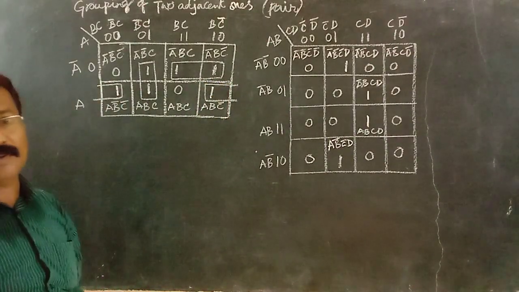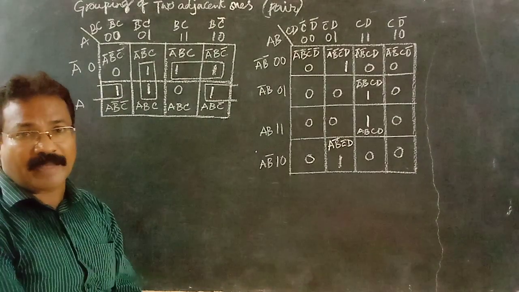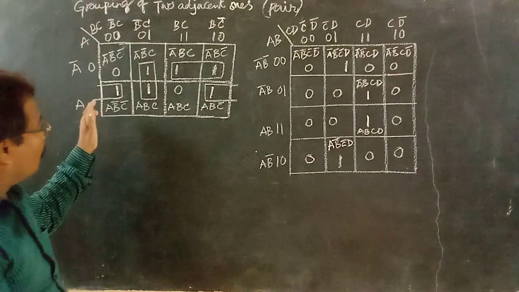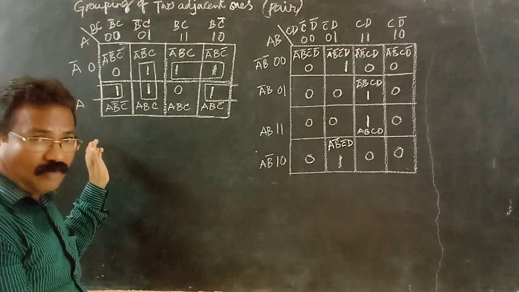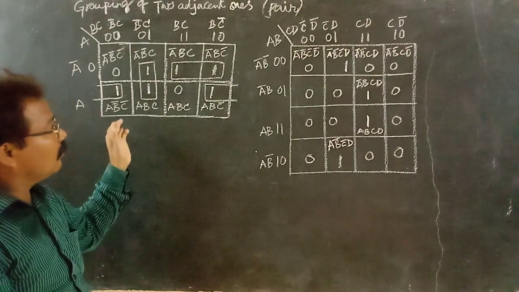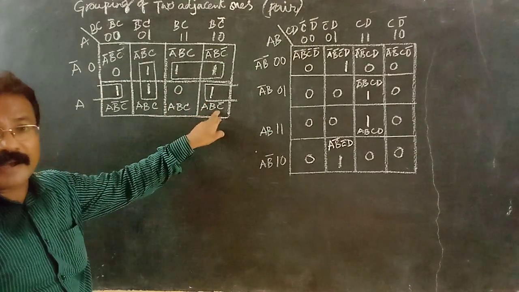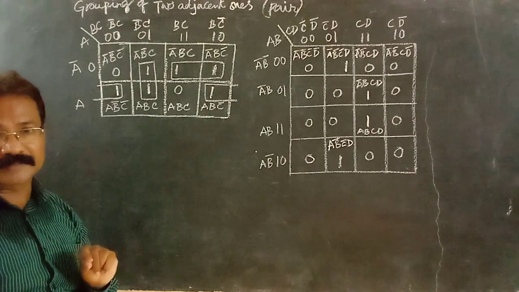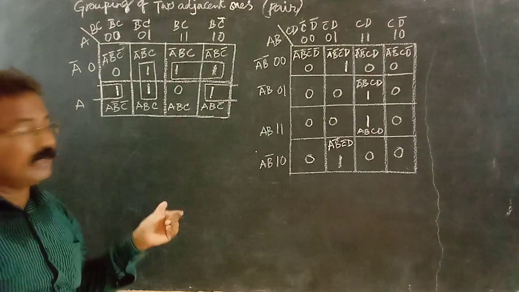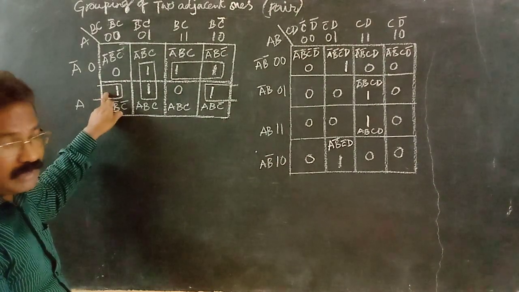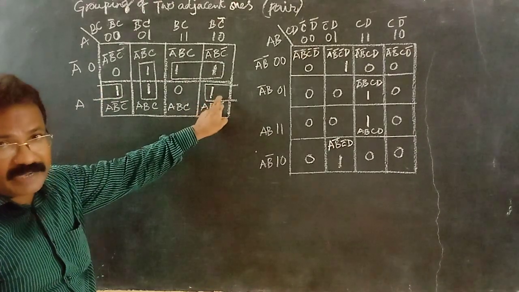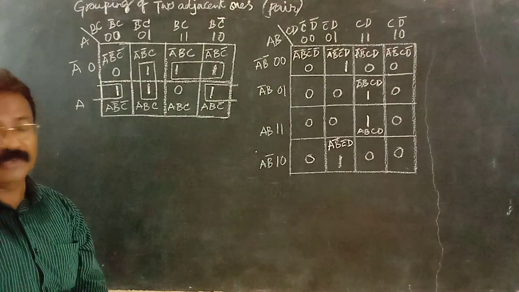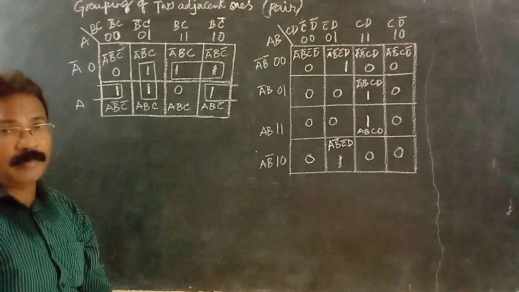As per the rule of K-map, for simplification of Boolean expression, the leftmost cell of the row and the rightmost cell of the corresponding row can be grouped together. Here, one is present in the leftmost cell and one is present in the rightmost cell, and hence they two can be grouped together. So that is one more pair.